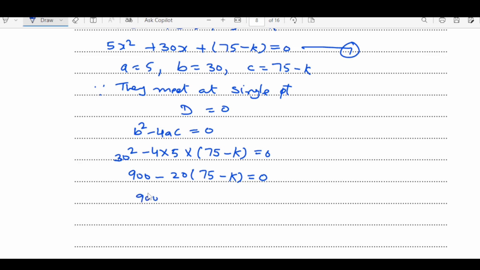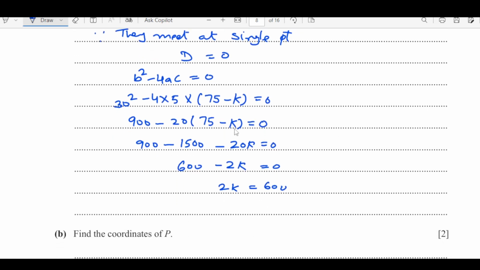So 900 minus 1500 minus 20k equals 0, and when you subtract, this is minus 600. So 20k is 600, sorry, it is not 2k, it is 20k. So k is 600 over 20, which is 30. So the value of k is 30, that is our final answer.